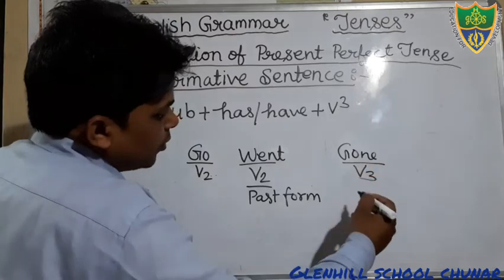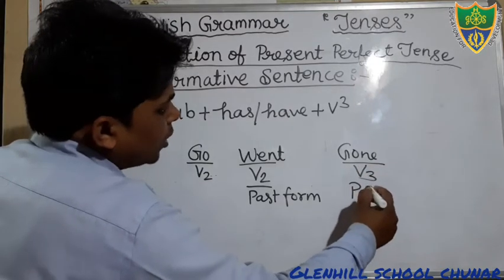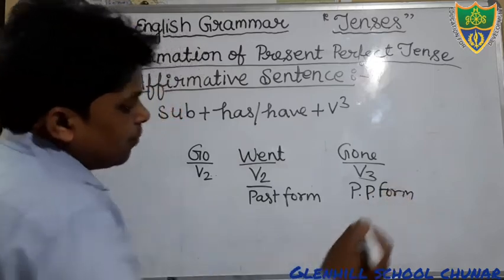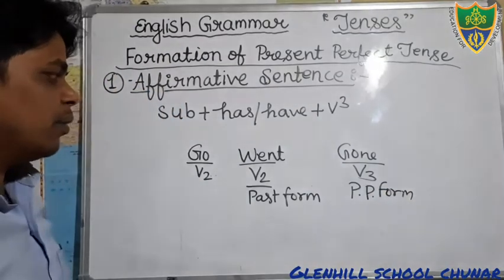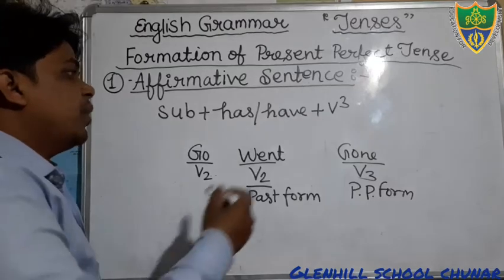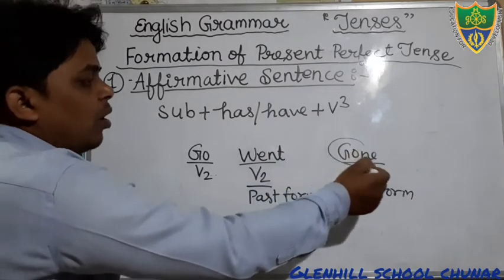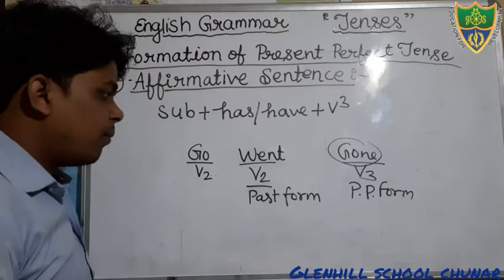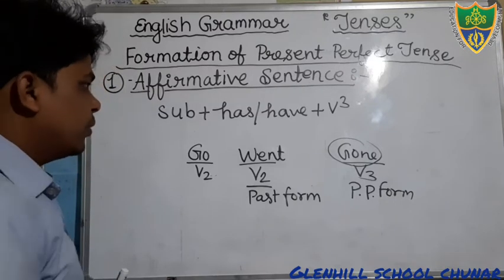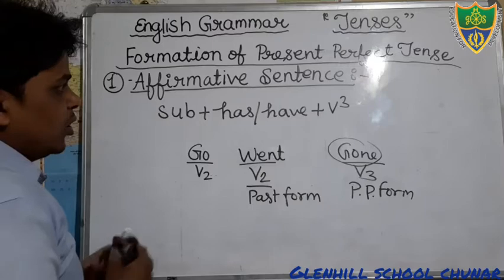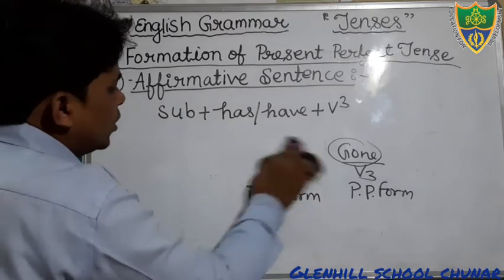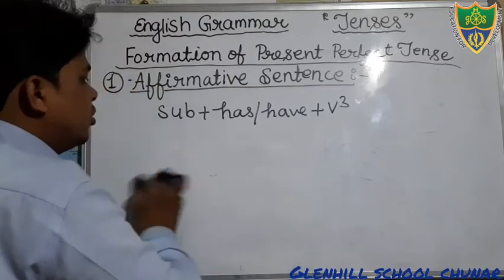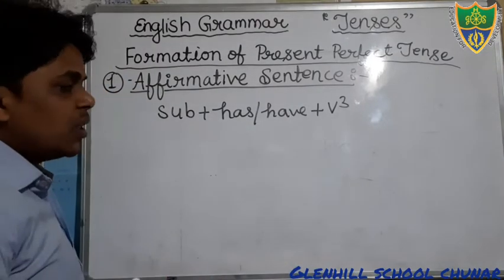The third form of the verb, and that is known as the past participle form of the verb. So keep in your mind here, we will use the third form of the verb, that is gone. In the same way we will use the third form of any verb in present perfect tense. So just see, students, this is your structure of the affirmative sentence.